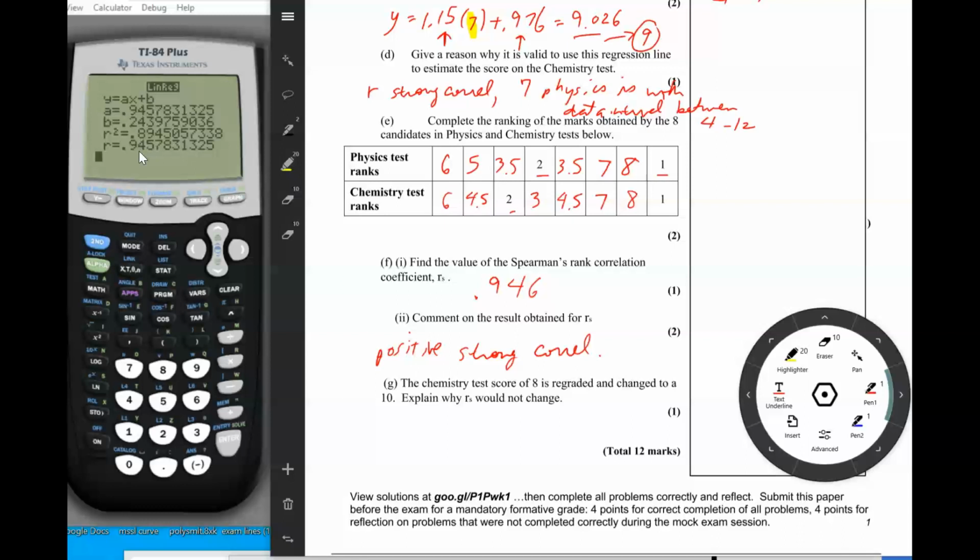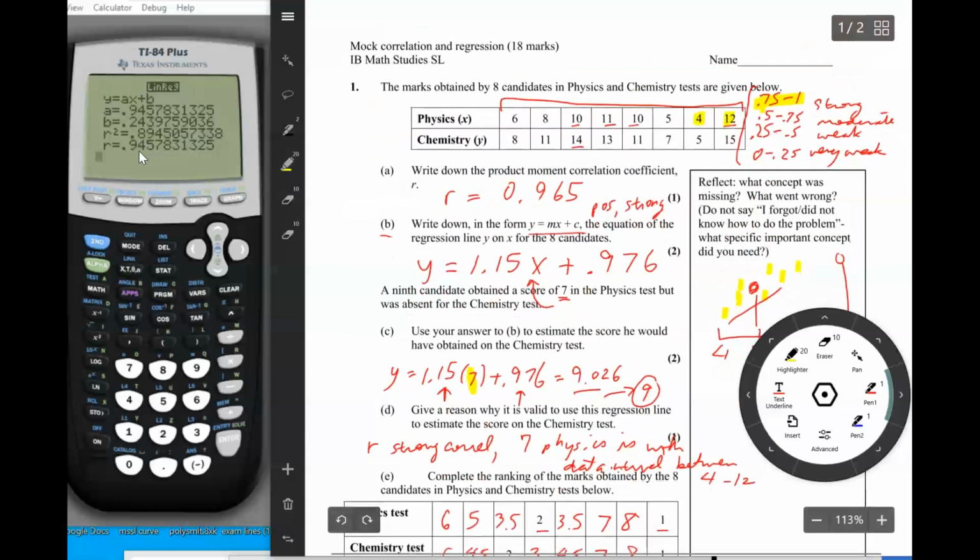Okay, last of all, it says that the chemistry test score of 8 is regraded and changed to a 10. Explain why R subscript S would not change. So if we look at the chemistry score of 8, it's this one here. Let's say that this changed to 10. If 8 changed to 10, it would still be smaller than the 11s, and it would still be bigger than the 7.